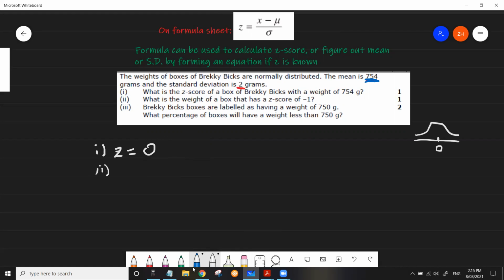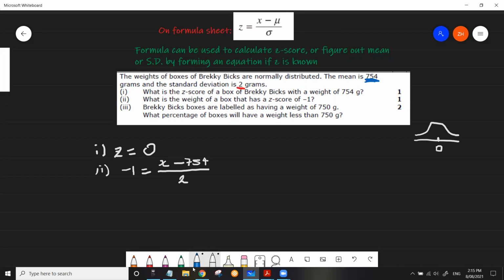What is the weight of a box that has a z-score of -1? So in this case, I'm going to use my formula. So my z-score is -1. It's going to go as the subject on the left-hand side. Then on my right-hand side, I've got the fraction. We want to know the weight of the box. So we want to know what is the score, what is x. We know what our mean is, and we know what our standard deviation is.